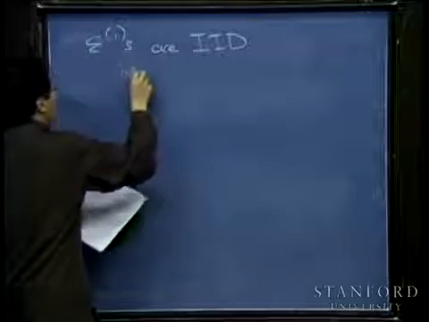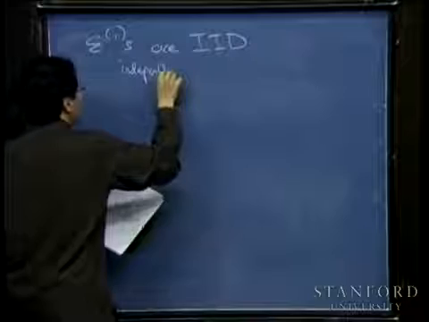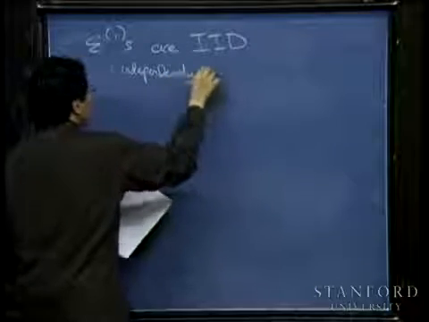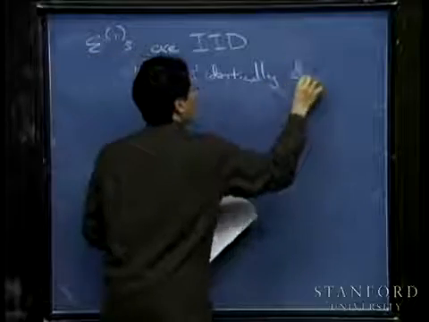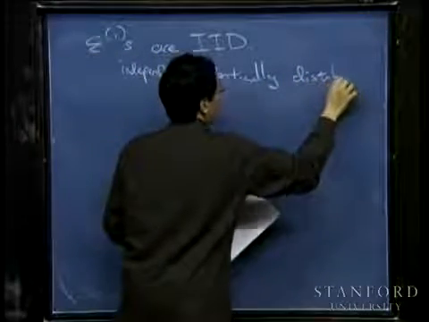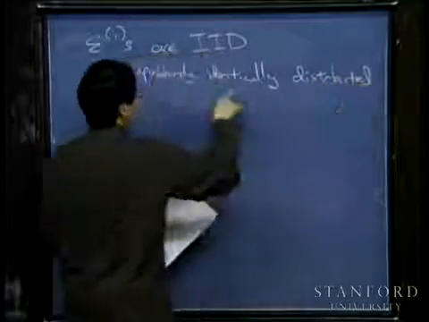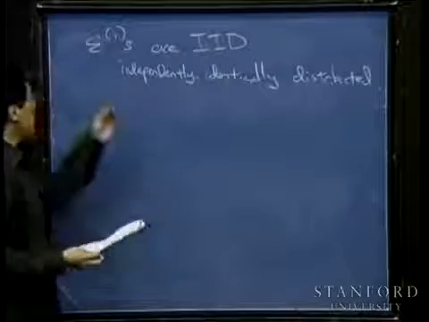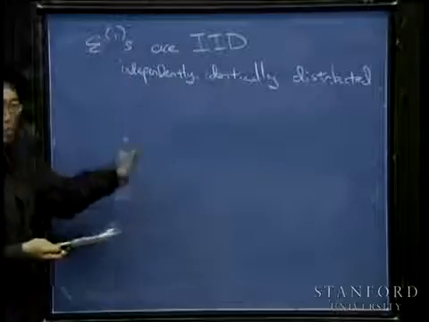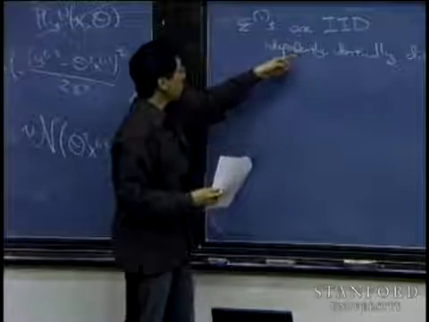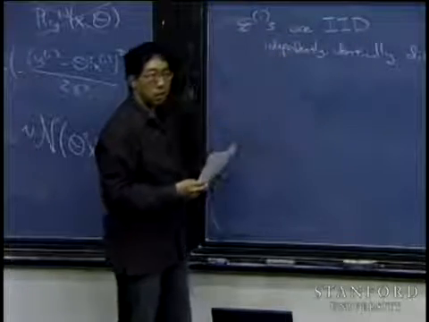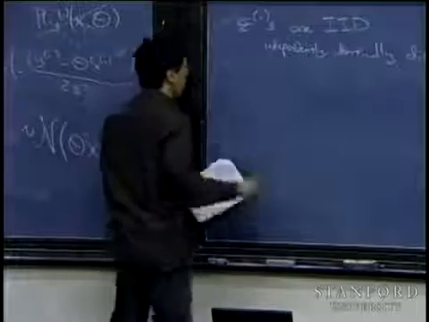Right? The identically distributed part just means that I'm assuming they all come from the same Gaussian distribution with the same variance. But the more important part of this is I'm assuming that the epsilon i's are independent of each other.